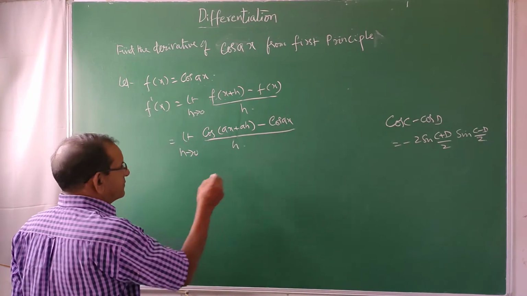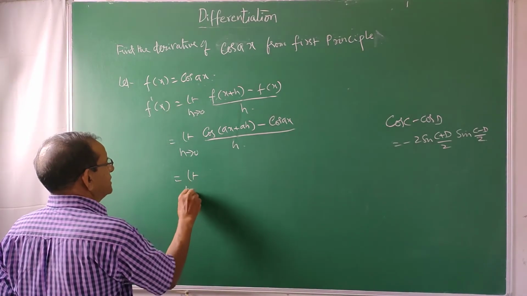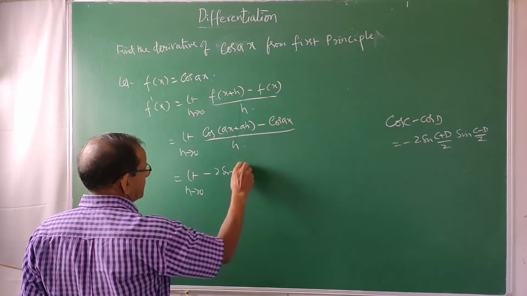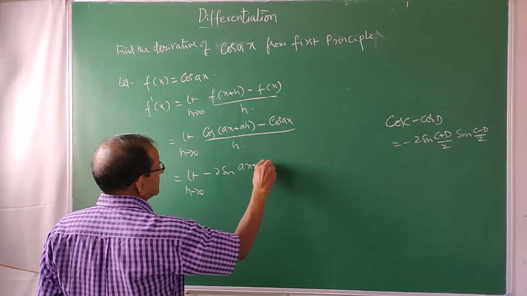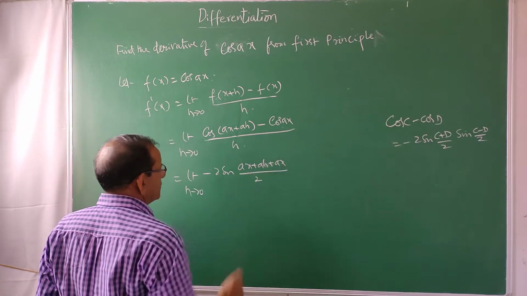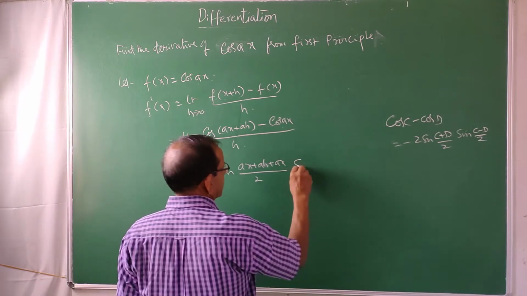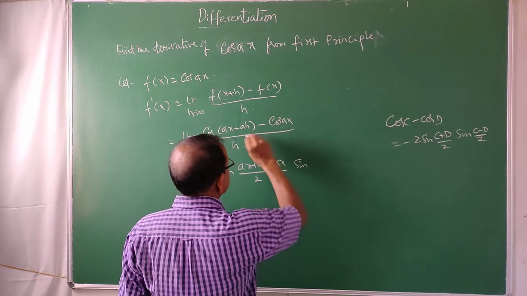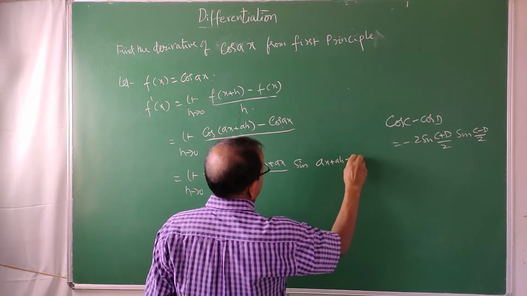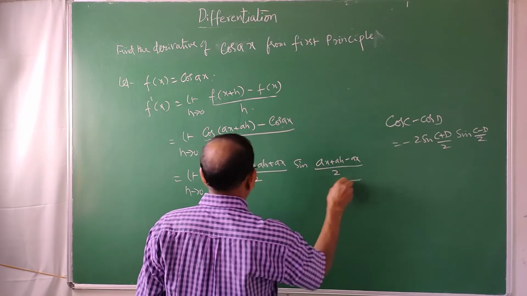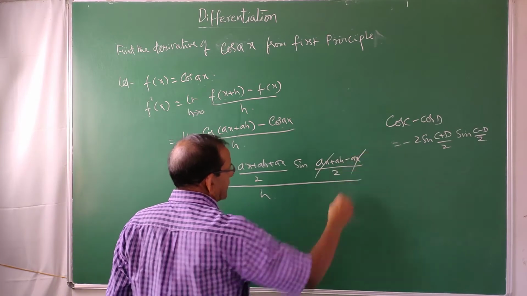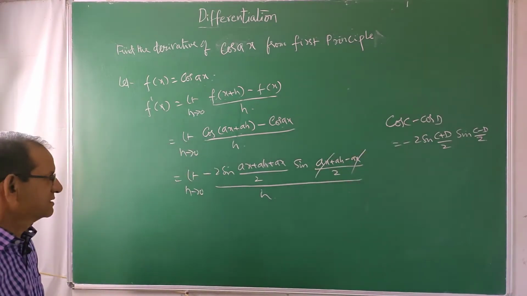Now apply that formula, limit h tends to 0, minus 2 sin (c plus d) by 2, (ax plus ah plus ax) by 2 into sin (c minus d) by 2, (ax plus ah minus ax) by 2, by h. Here you can cancel plus ax and minus ax.